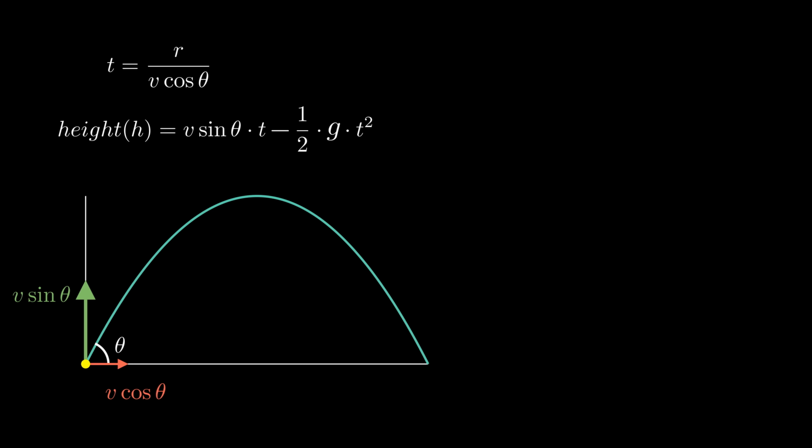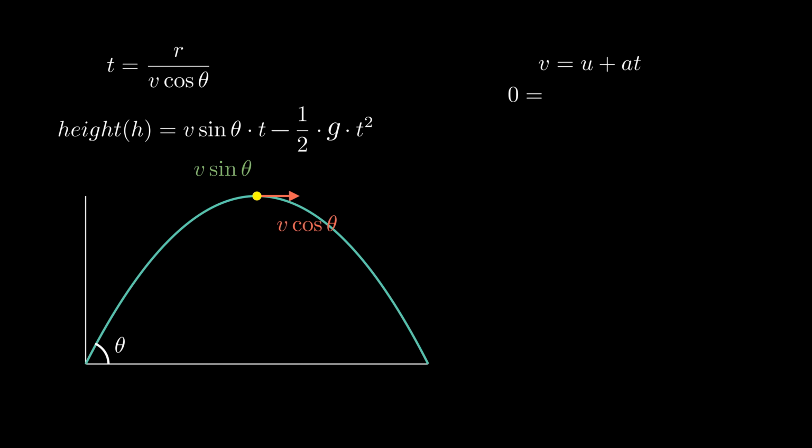Let's see what will be the time of maximum height, meaning after throwing the projectile, how long will it take to get from the ground to here at the very top of its path. As you may have noticed, at the peak, the vertical velocity becomes zero. And from equations of motion, we know that final velocity v equals initial velocity u plus acceleration a multiplied by time t.